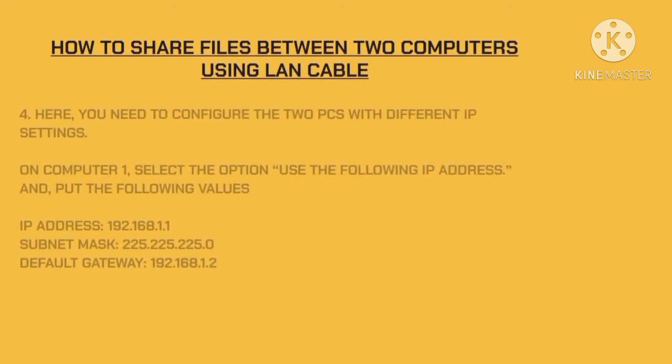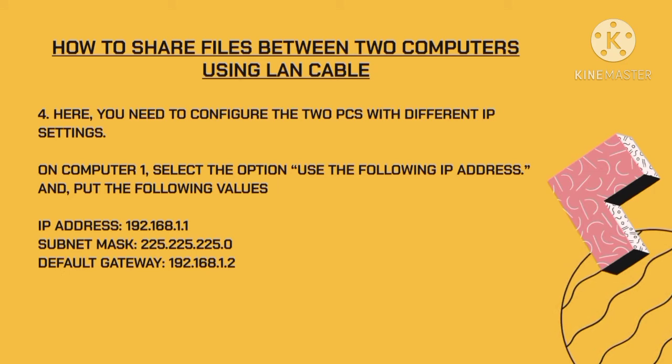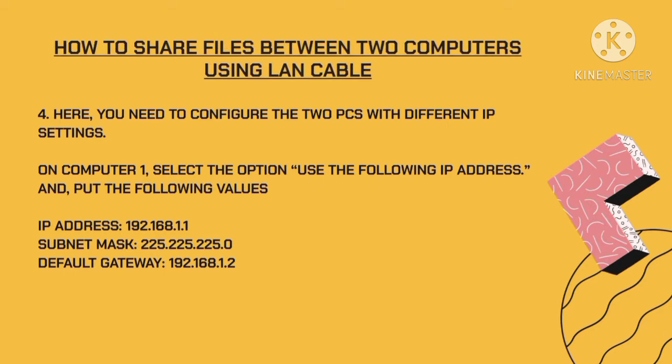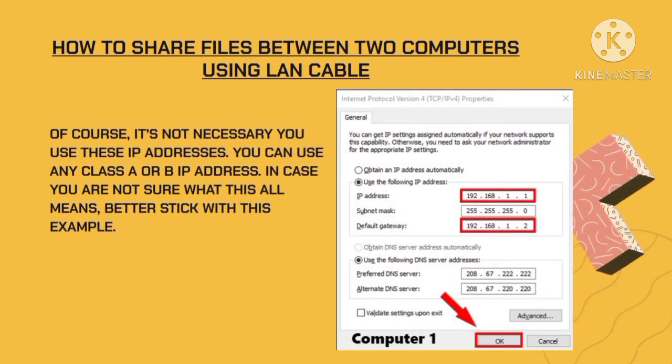Fourth, here you need to configure the two PCs with different IP settings. On computer 1, select the option Use the following IP address and put the following values: IP address, subnet mask and default gateway. Okay? It's not necessary that you use this IP address.